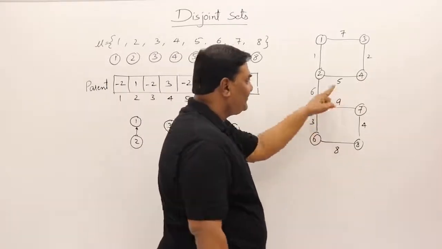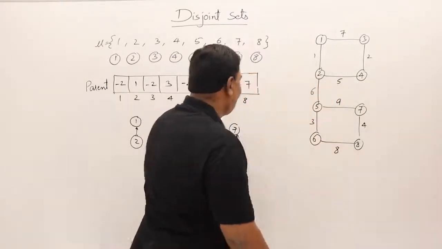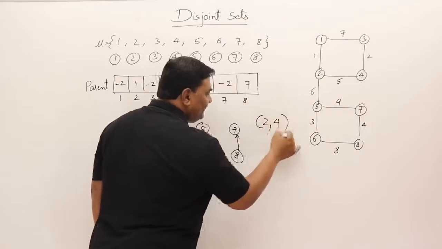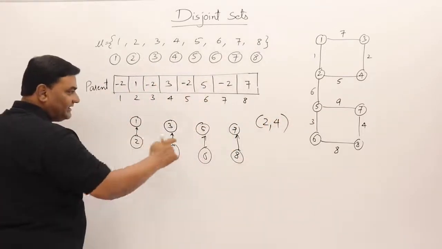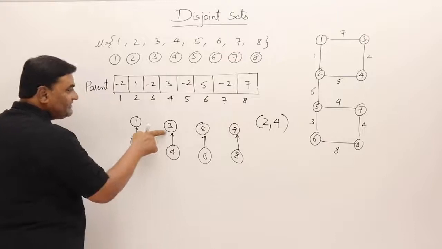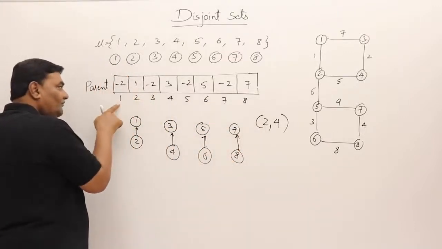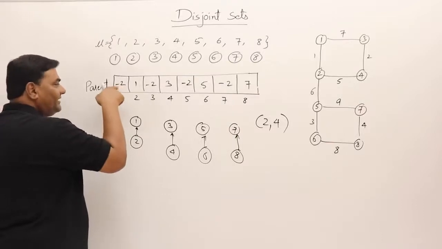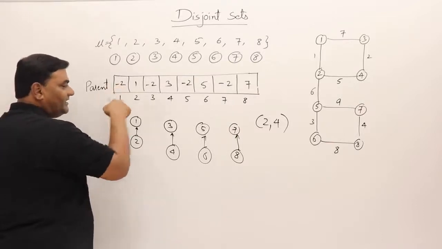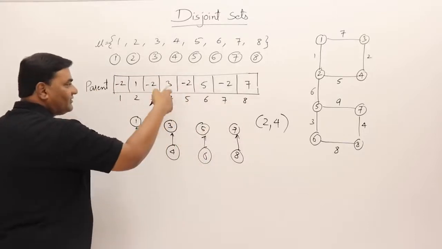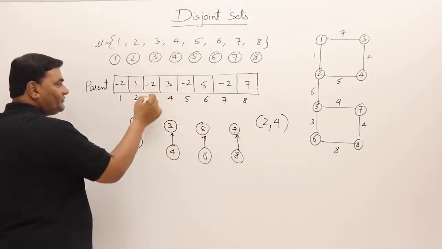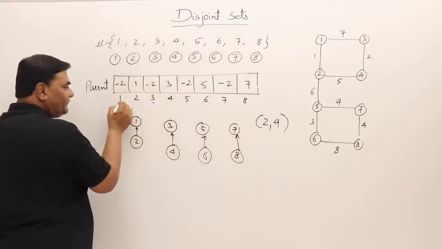Next, fifth edge, 2, 4. Find 2, 1 is a parent. Find 4, 3 is a parent. Let us do it in an array. Go to 2, it's 1. Go to 1, -2. So who is the parent of this one? 1. Find 4, go to 4, it's 3. Go to 3, -2. So who is the parent of this one? 3. And this was 1.